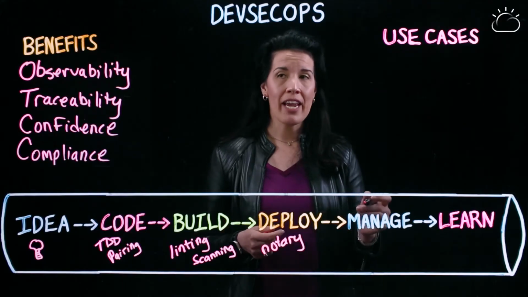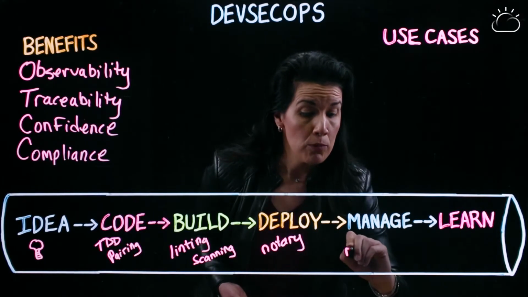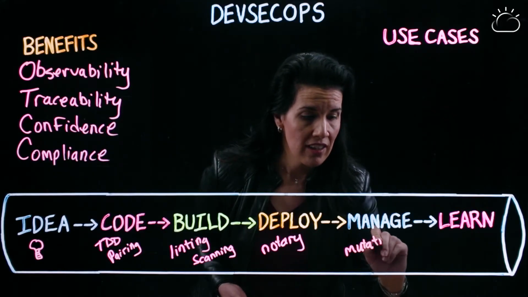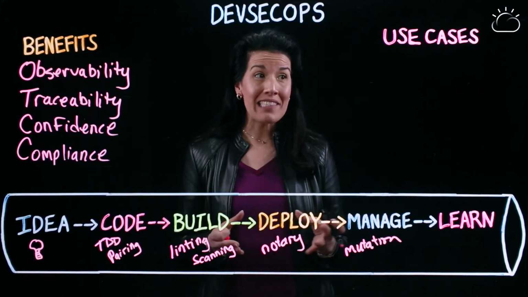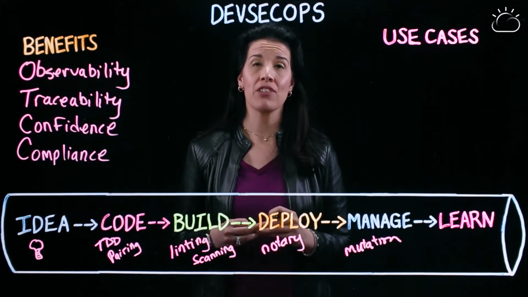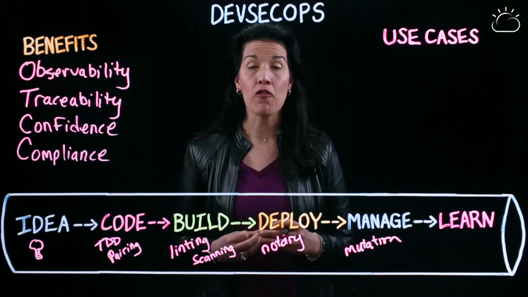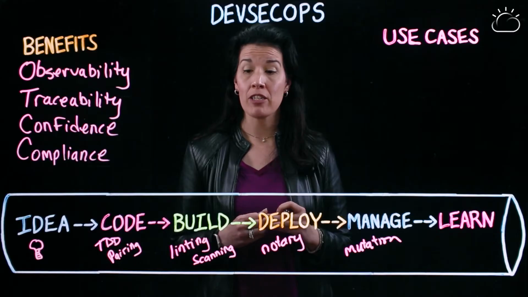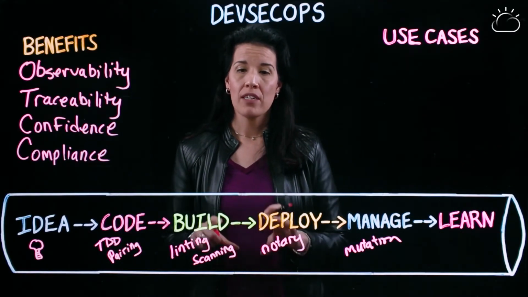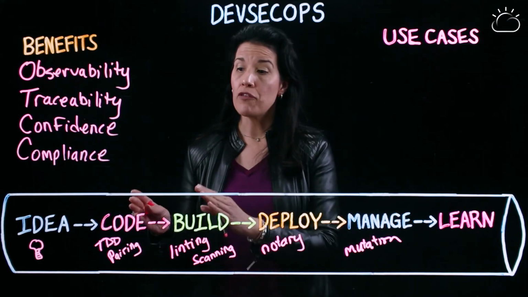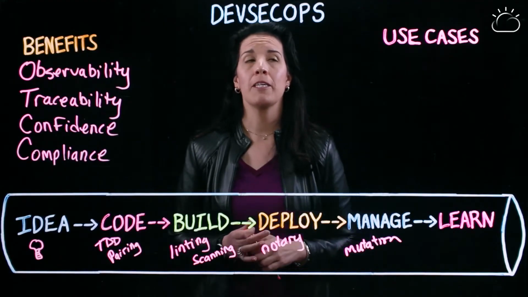And then we have in the manage section here activities such as mutation detection. And this is all about making sure that any runtime containers that are in your operational environment don't all of a sudden spark some sort of vulnerability in the runtime environment that you may not have caught in the build phase. So DevSecOps is all about infusing risk mitigating activities throughout this pipeline here.